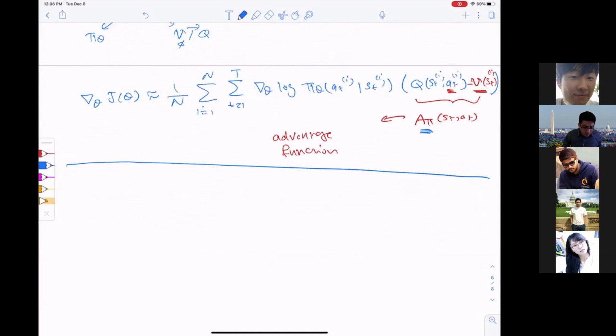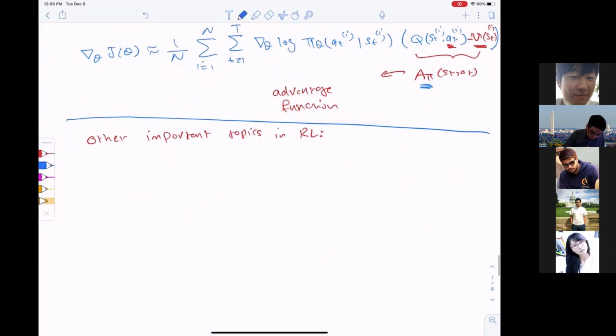Okay, there are many other important topics in reinforcement learning that I didn't cover. Some of them I briefly explained before.